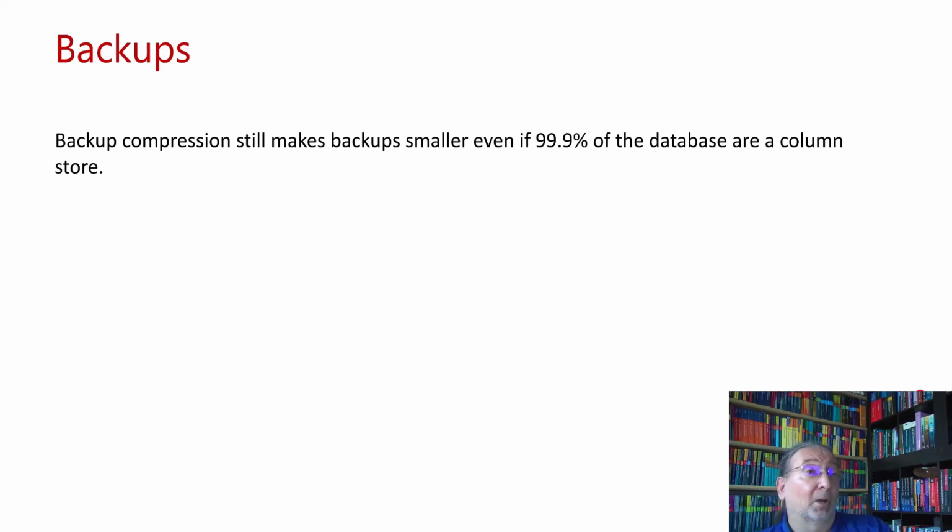Backups still make it smaller, so keep it on if you can afford the extra CPU cycles. I think it's because it's using the underlying blobs and regular metadata that these pages can still be optimized. And I also know that the backup compression in SQL Server understands page headers and stuff like this, so it knows how to deal with that in a better way. So, yep, I still turn backup compression on.